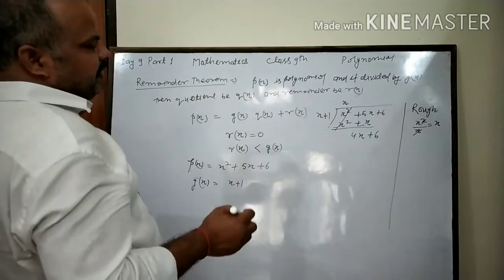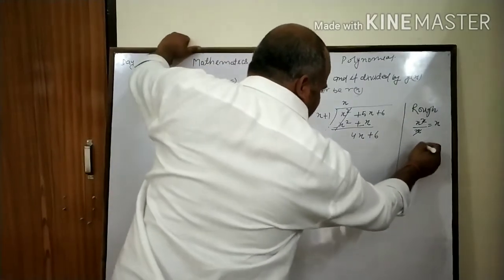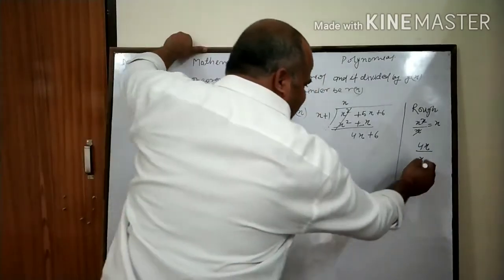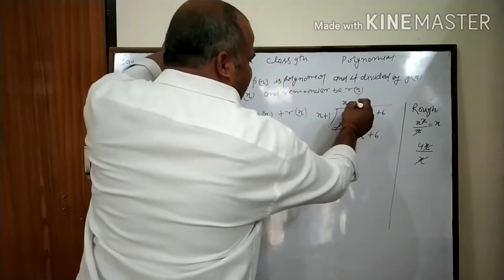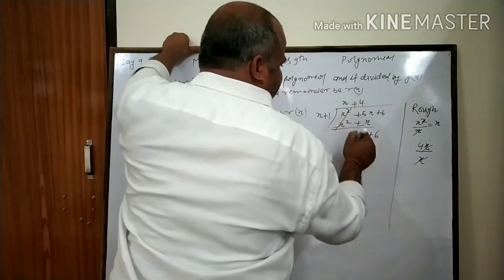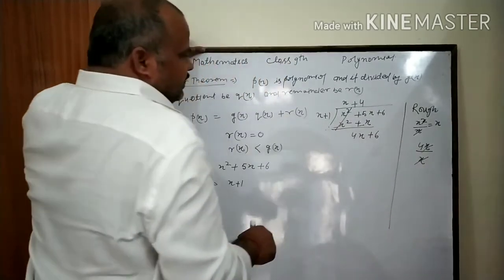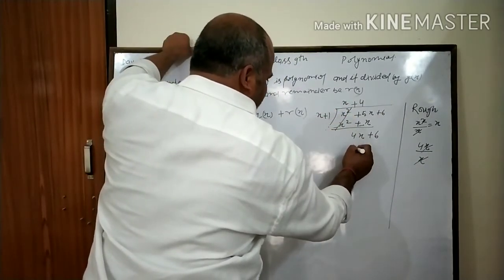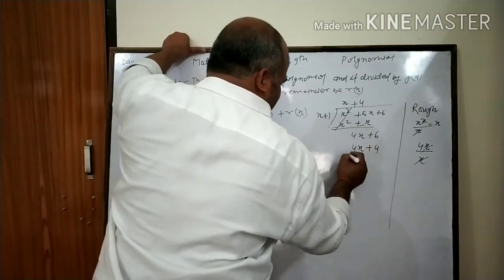Now our new dividend is 4x plus 6. Here you can consider 4x upon x. Clear? Now x and x both are cancelled. Then what do we get? Plus 4, no sign, that's why plus. Now this plus 4 multiplies with this divisor: 4x plus 4.